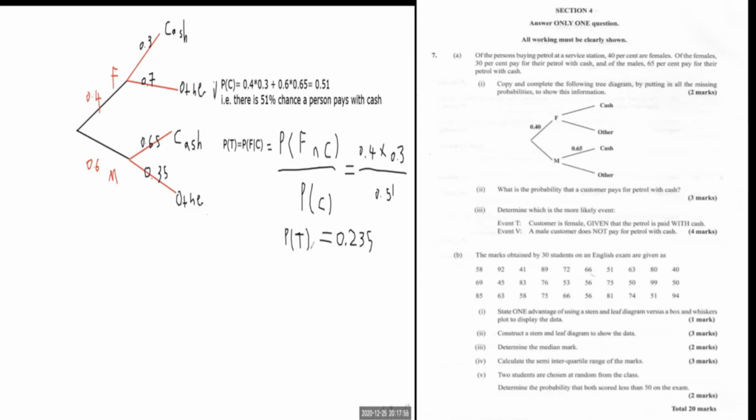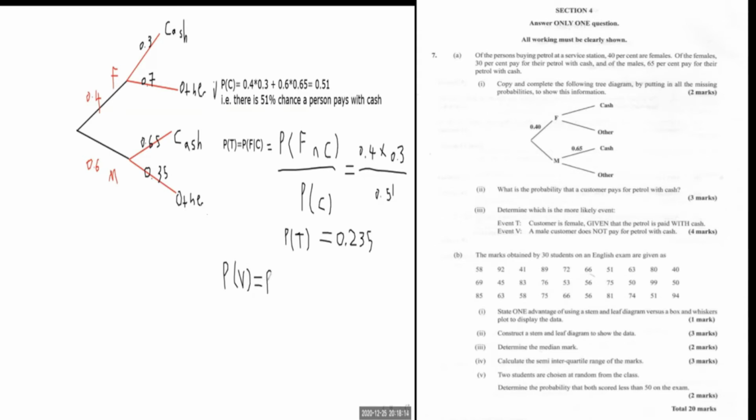So now let's find the probability of event V occurring, which is a male customer who does not pay for petrol with cash. So the probability of V, which is a male customer who does not pay with cash.